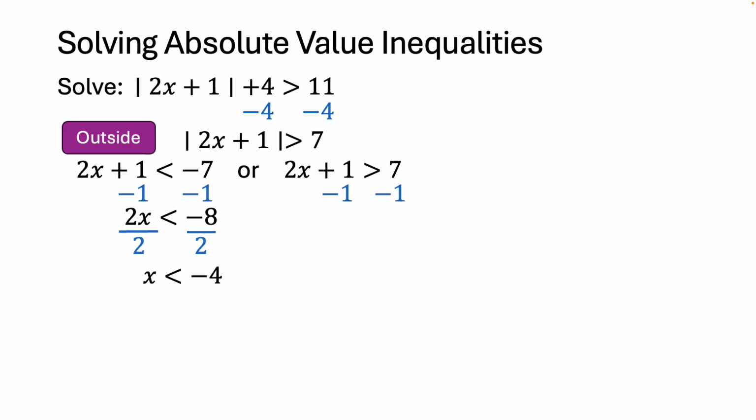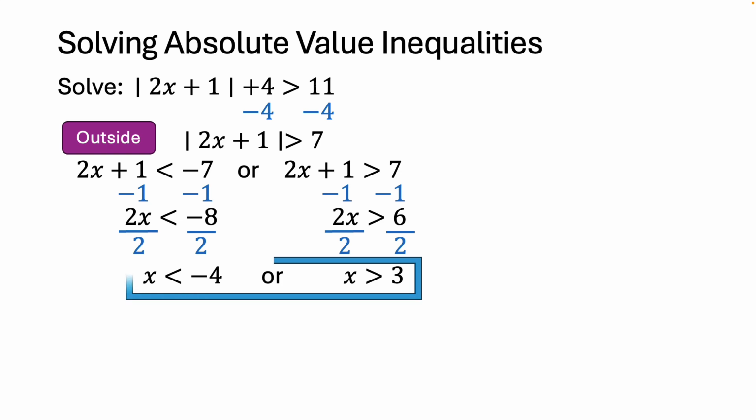We would subtract 1 from both sides. This would leave us with 2x is greater than 6. Dividing both sides by 2, we'd end up with x is greater than 3. So in inequality form, our solution set would be x is less than -4 or x is greater than 3. Both of these are part of our solution set.